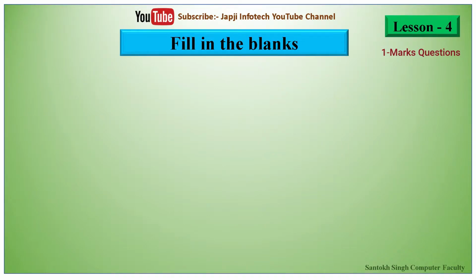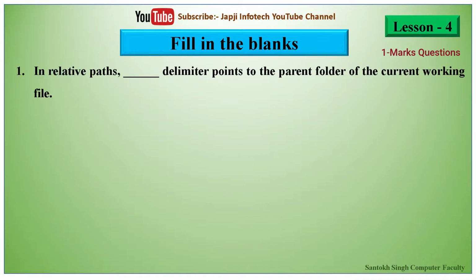So now we will learn about fill in the blanks in lesson number 4. So the first fill in the blank is: in relative path dash delimiter points to the parent folder of the current working file. And the right answer is in relative path dot dot forward slash delimiter points to the parent folder of the current working file.